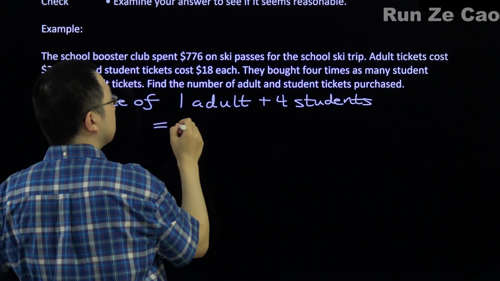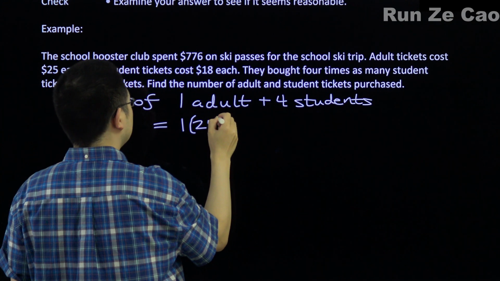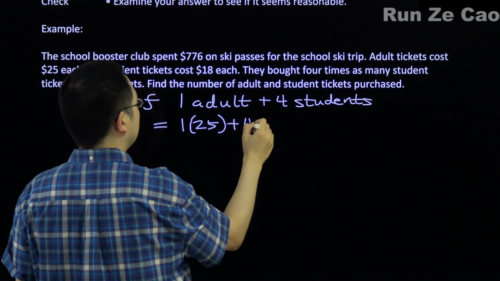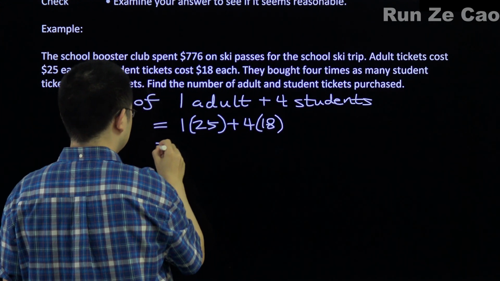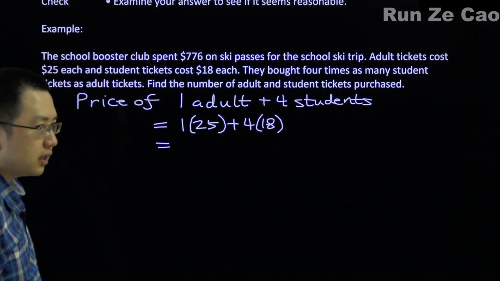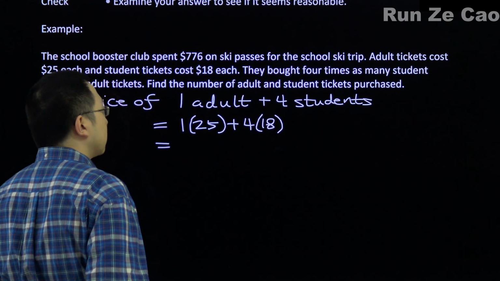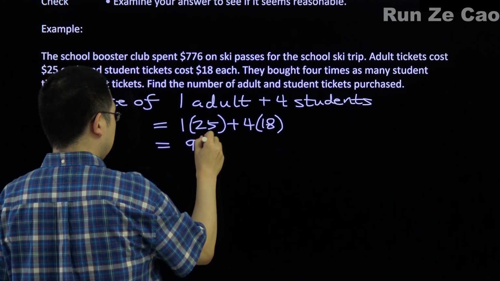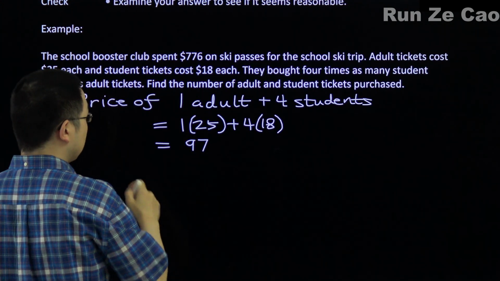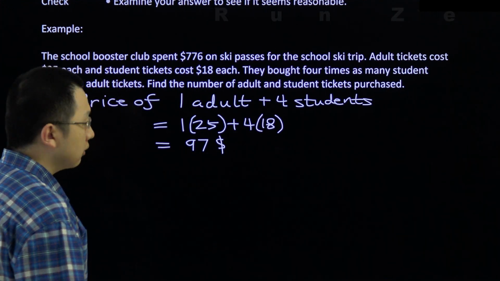That is equal to 1 times $25 plus 4 times $18. So 4 times $18 is 72, plus 25, so $97 for a set. Okay then.